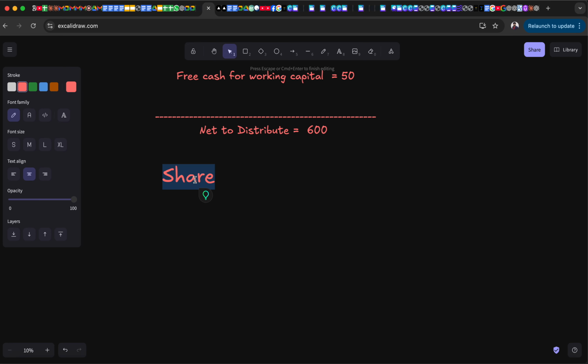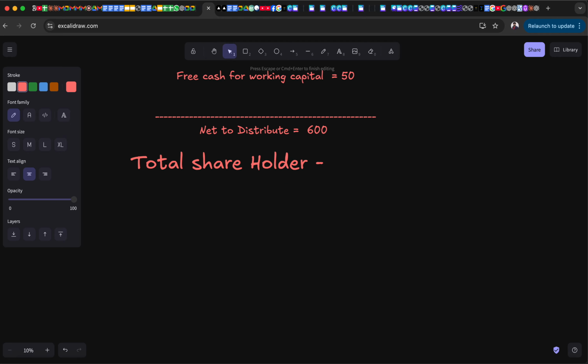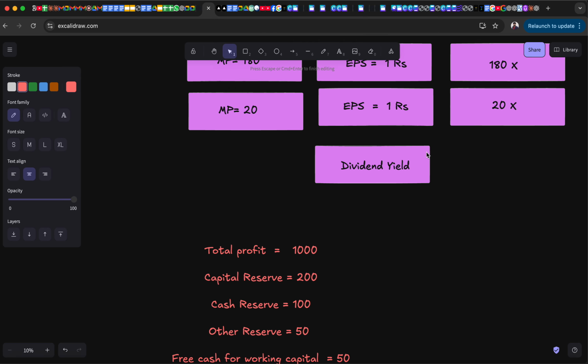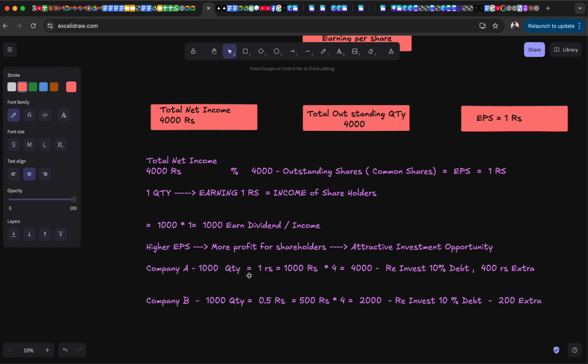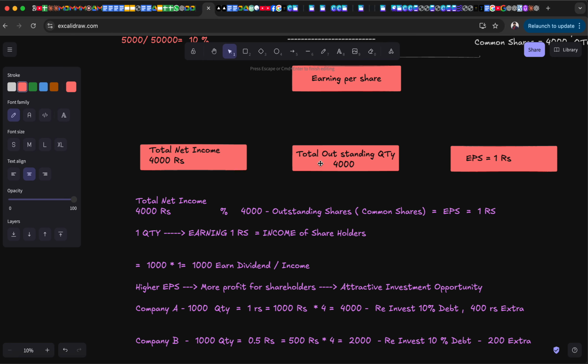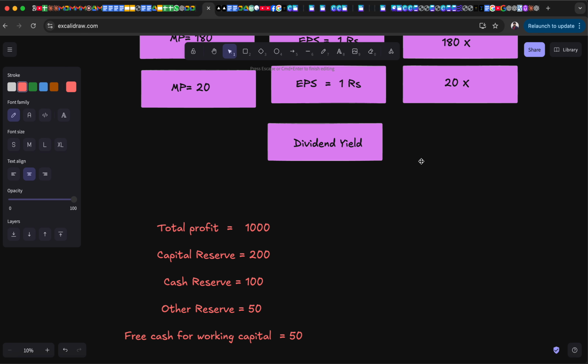Same example, refer to it. We have total shareholders of 4,000. Let's say for the first company, we will not consider preference shareholders, only the net common shareholders quantity, 4,000, right?